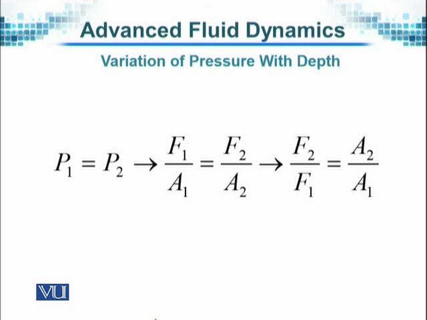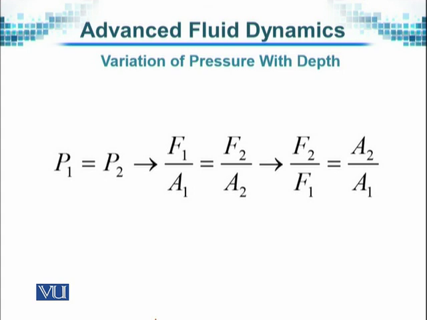So pressure P1 at point 1 will be force at point 1 divided by area at point 1, and that will be equal to force at point 2 divided by area at point 2. So this ratio has force per unit area. If pressure P1 is equal to P2, in that case this ratio must hold: F1 over A1 equals F2 over A2.